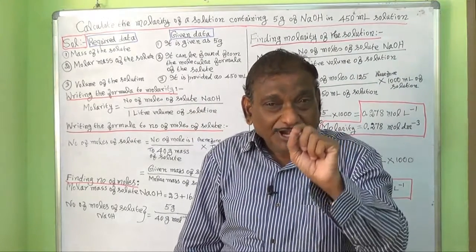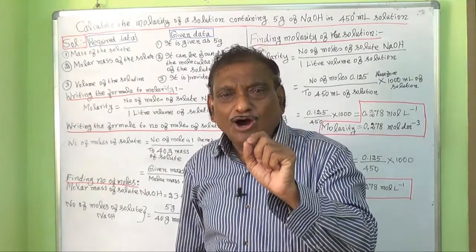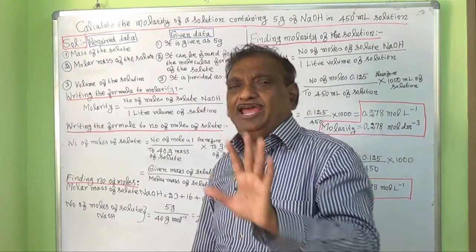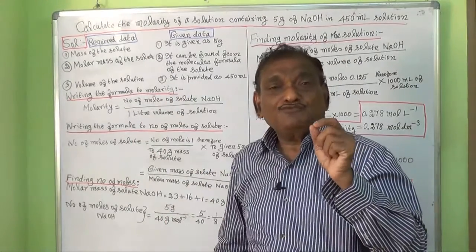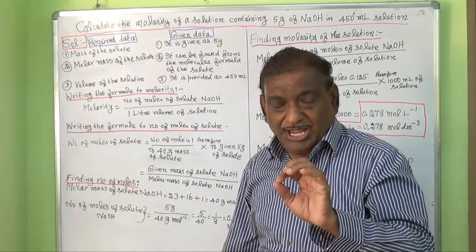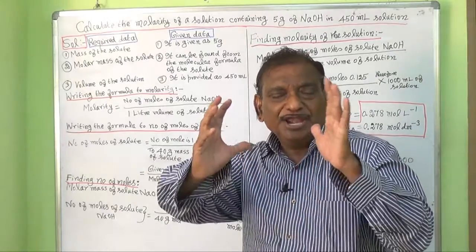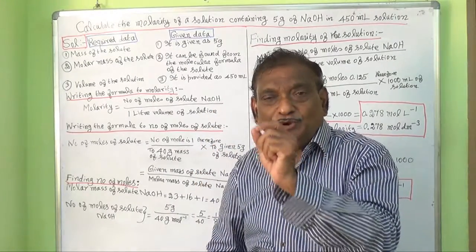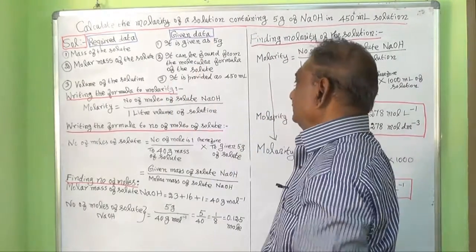In order to find the molarity of the solution, first of all, we have to write the formula for the molarity of the solution. Formula for the molarity of the solution is number of moles of solute sodium hydroxide dissolved in 1 liter volume of the solution.